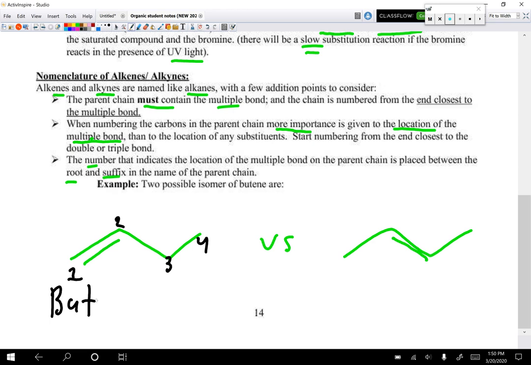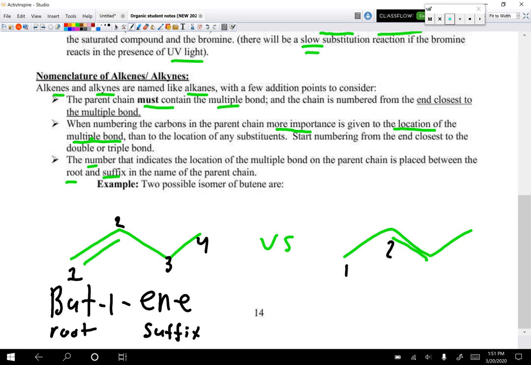Remember, root is our longest carbon chain, and our suffix is ene, right? Because that tells us that there is a double bond. So this is the root, and this is the suffix. Now we need to stick a number locating the position in between the root and the suffix, just like this. So we turn it into but-1-ene.